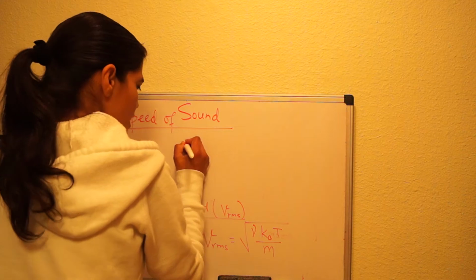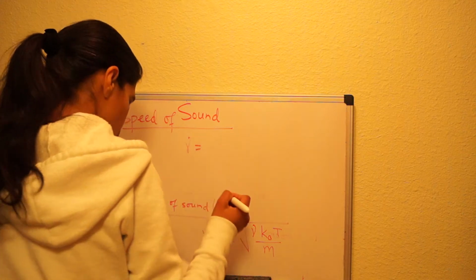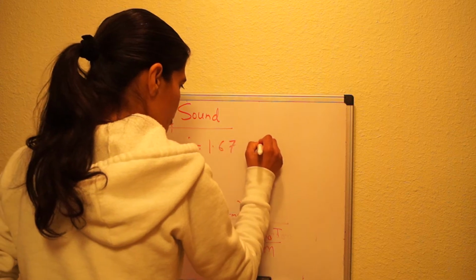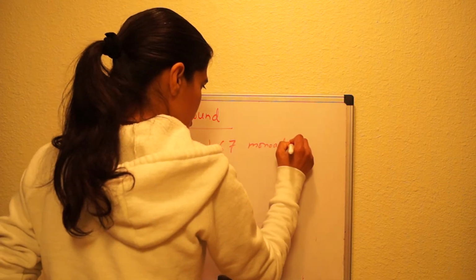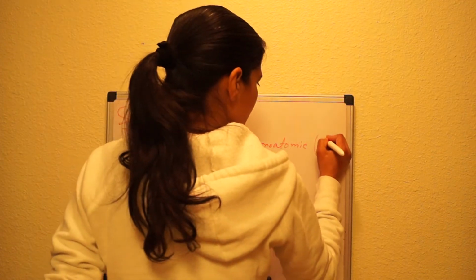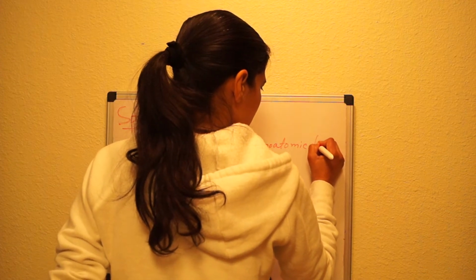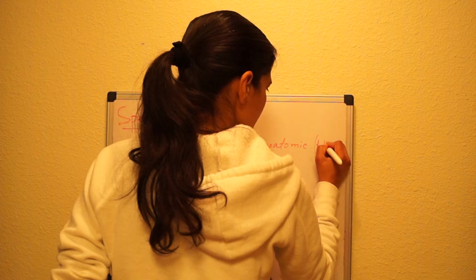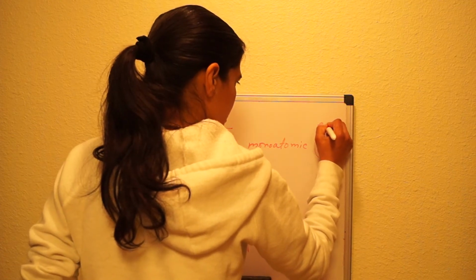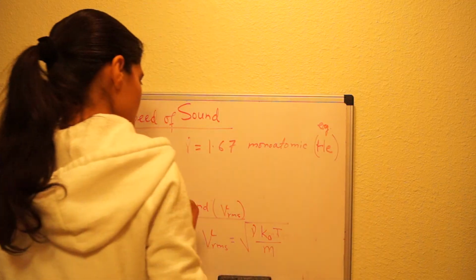So this gamma is equal to 1.67 for monoatomic gases. An example is helium. I'm just writing He, okay? That's just the example, e.g. means example.